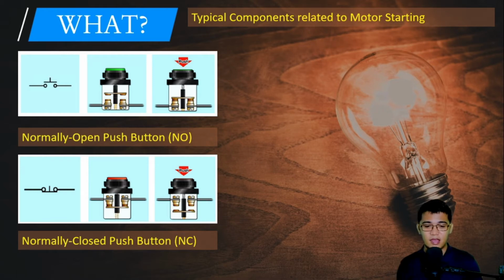Unlike doon sa normally open na button na kulay green. So sa forma pa lang, pagpasok mo pa lang sa control room, you will be able to know, this button is actually normally open. This button is actually normally closed based on its color. So somehow you will be able to imagine the internal structure of that particular push button.